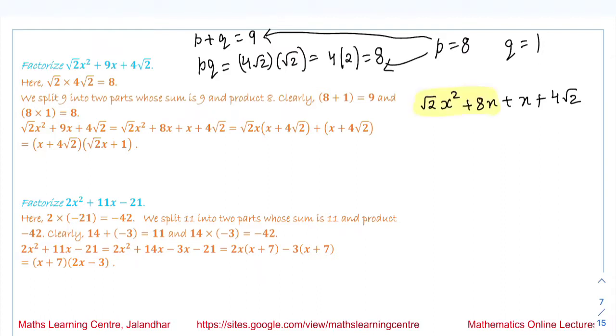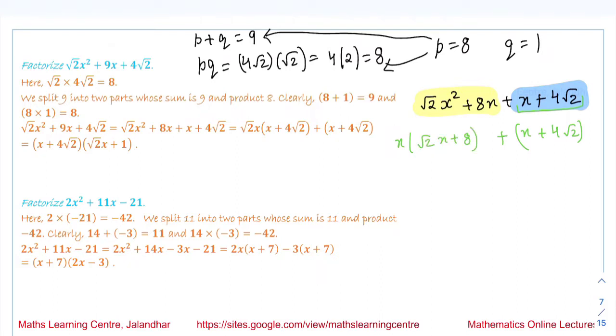This is one group and this is the second group. From the second group, you cannot take anything common, it will remain like x plus 4 root 2. From the first group, clearly we can take x common and we are left with root 2x plus 8.